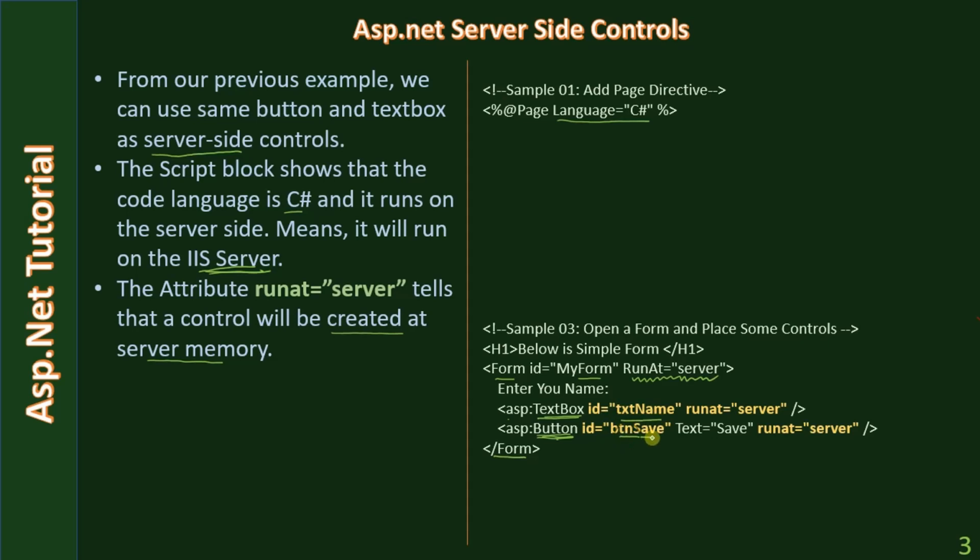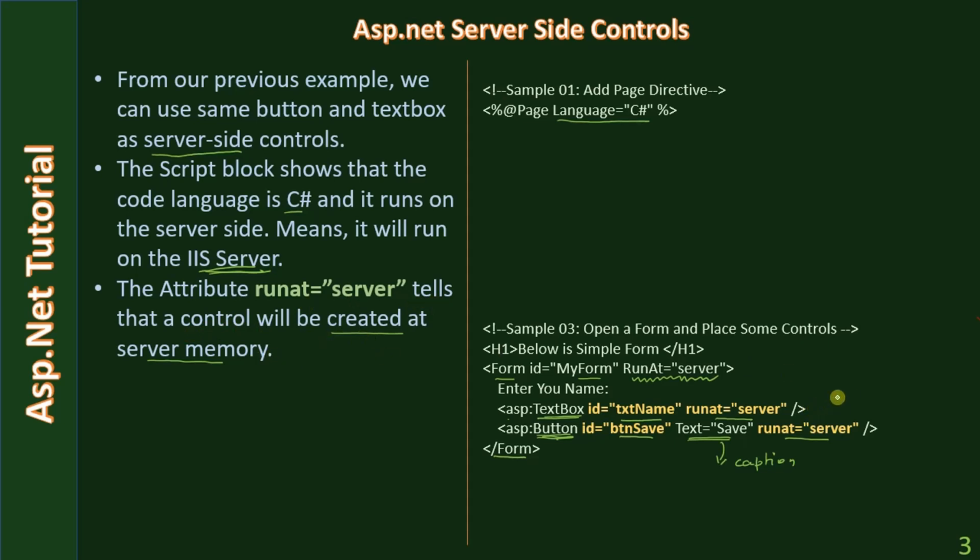For button also, we specify ID, and here we use the text attribute to set a button caption. And you can notice for both the control, we specify runat equal to server attribute. The attribute runat server tells that control will be created at server memory.